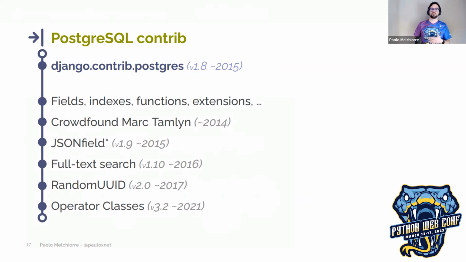Over the years, important functions have been added, such as JSON fields, full text search, random UUID, and operator classes. JSON fields have become usable also in the other supported databases, but only from Django version 3.1, which was released in 2020, 5 years after being introduced in the Postgres module.